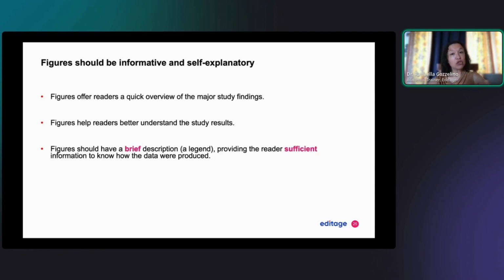Remember also to look at the guidelines for author's instruction, because you need to prepare the figures according to the recommendation of the journal itself, in terms of how many figures you can prepare, or the resolution of each figure, which you need to pay very much attention to, as well as the format that you will need to upload in the journal platform.